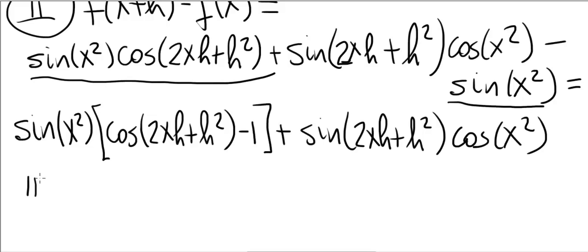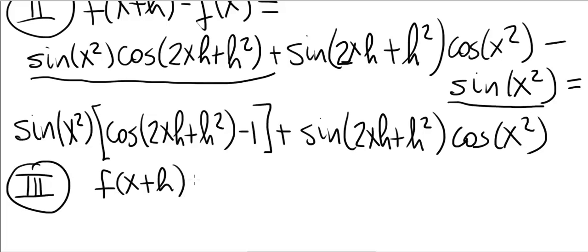Let's go to step number 3. That's when we take the result of step 2, f of x plus h minus f of x, and divide that by h.